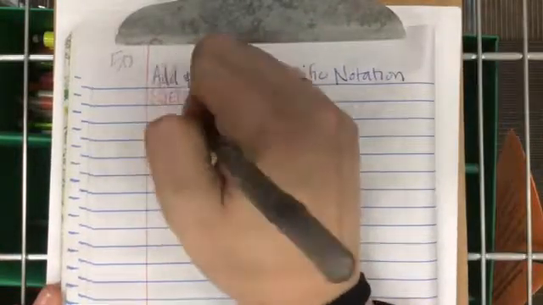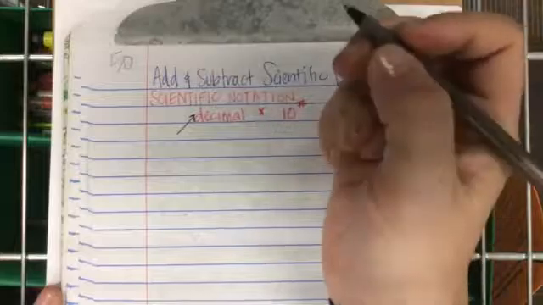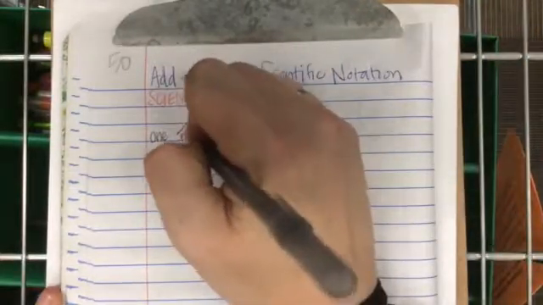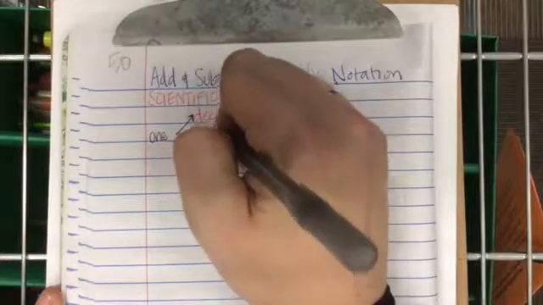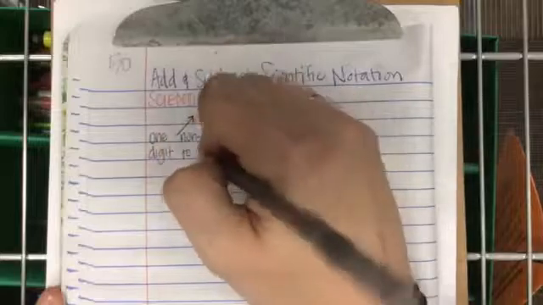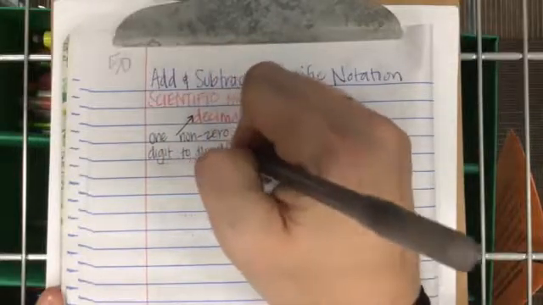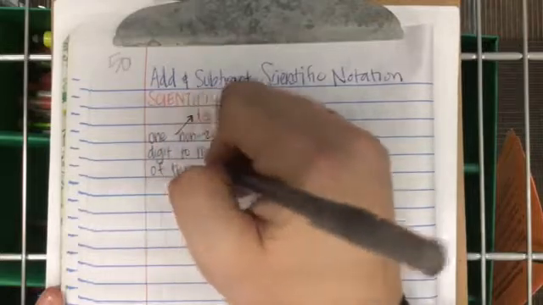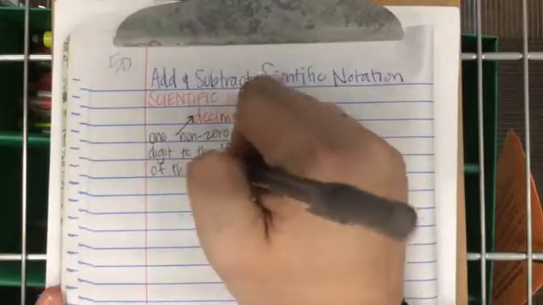So the decimal, right, must have one non-zero digit to the left of the decimal. Right?